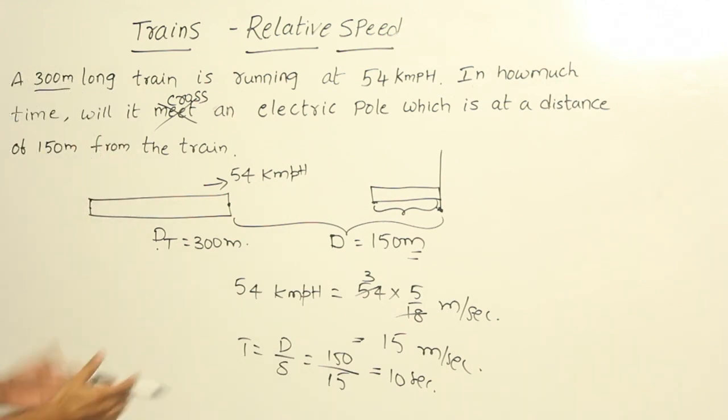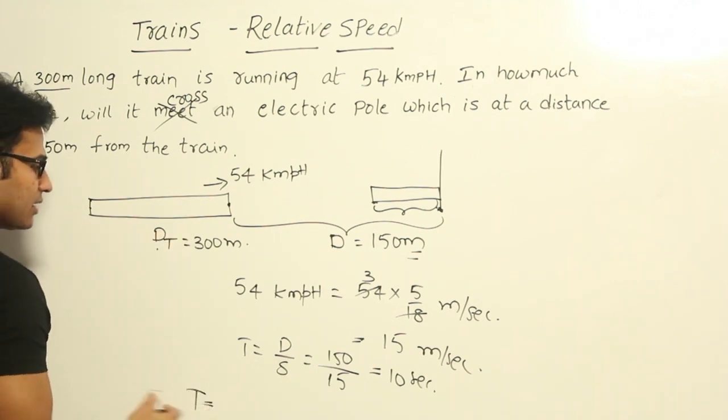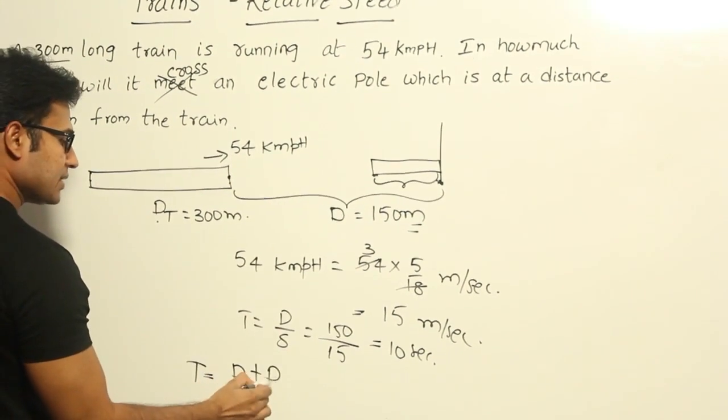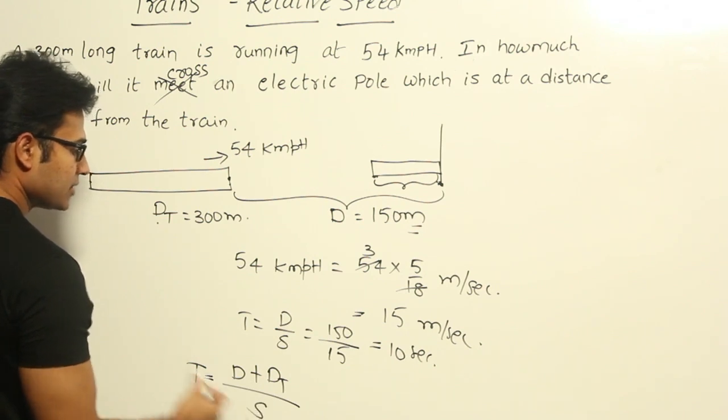Therefore the total distance you are supposed to cover increases by the length of the train, right? So the time taken will be equal to the distance between the train and the pole plus the length of the train, divided by the speed.